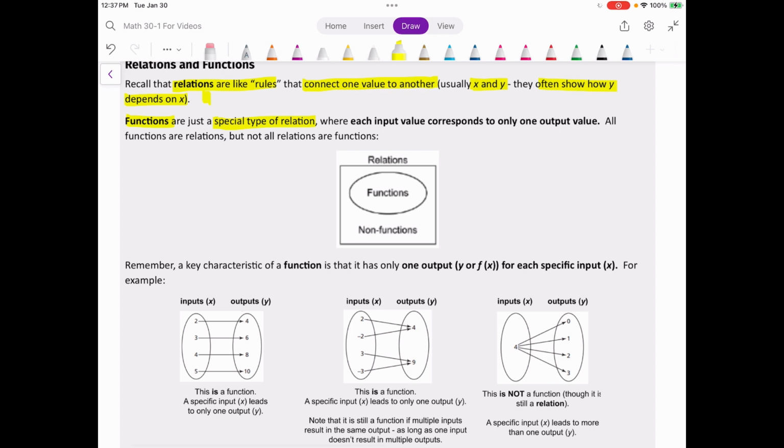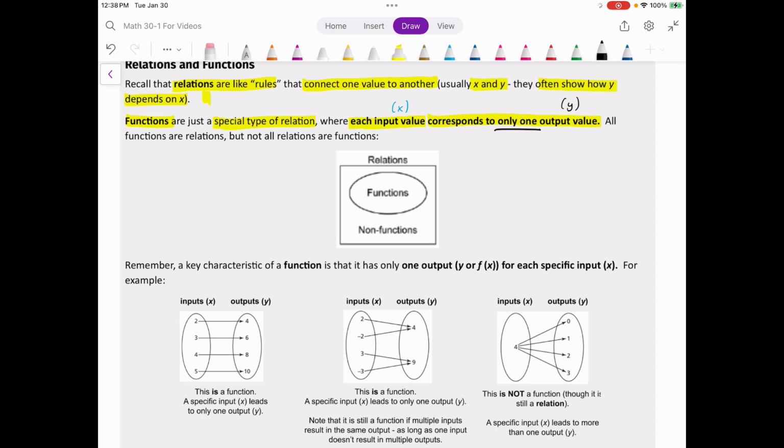So what makes it a function? What does it have to have? One key characteristic makes a relation a function, and that is that each input value, what we would typically call x, corresponds to only one output value, what we would typically call y. So whenever we input an x, it should only ever give us one output.